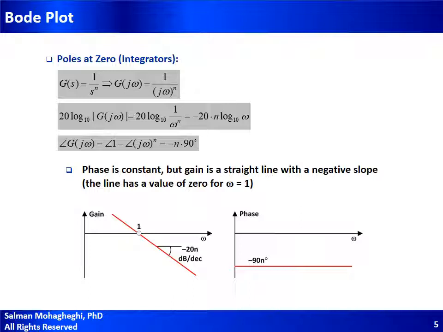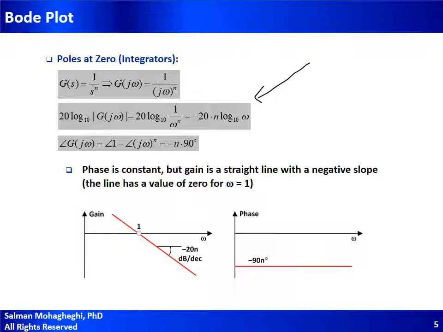This would be as if I would add these together. So that would be n times log of 1 over omega. On the other hand, log of 1 over omega, you again remember from the basic characteristics of the log function, that would be negative log of omega. So the magnitude is going to be negative 20 times n times log of omega.